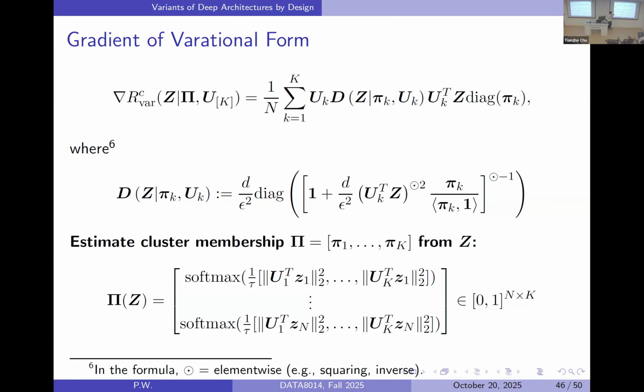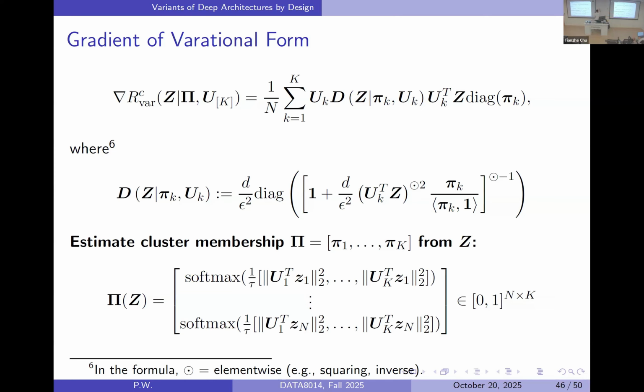How do we estimate it? It's actually straightforward: we do softmax at each row, and inside the softmax is a projection of the data on the K-th subspace.